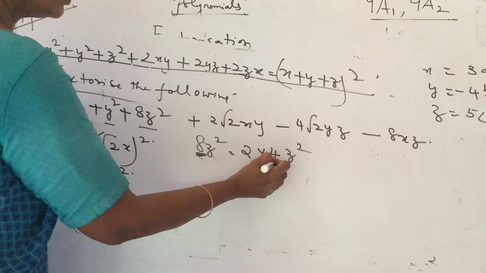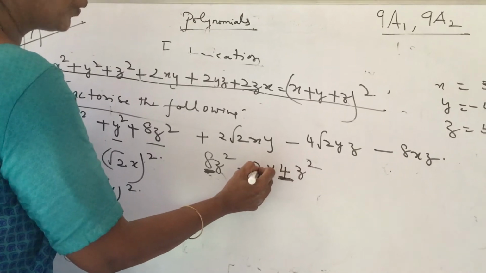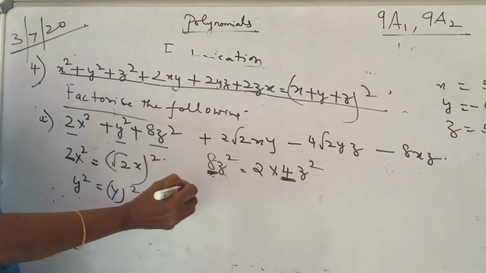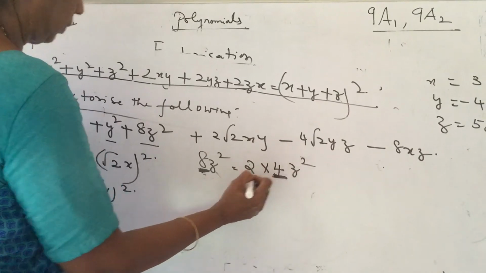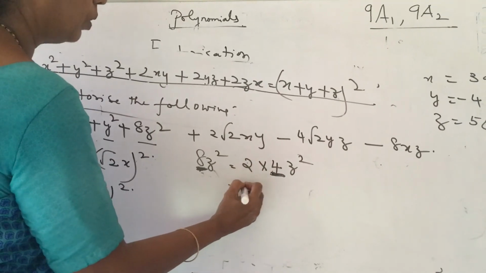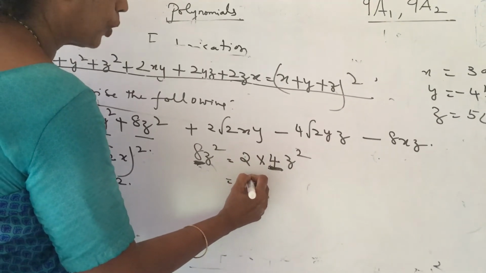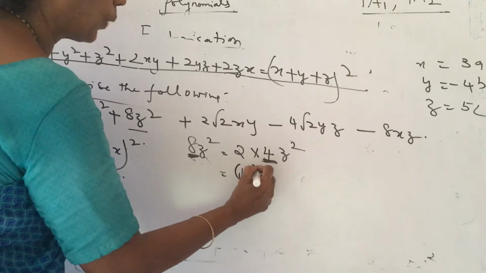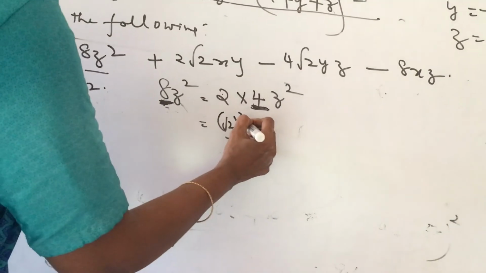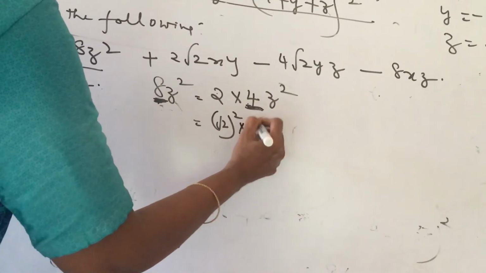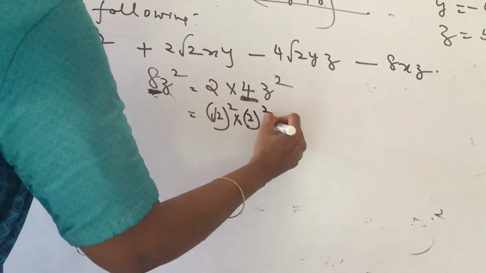How do you write 2 as a square number? Root 2 the whole square. And 4, children, 2 the whole square.